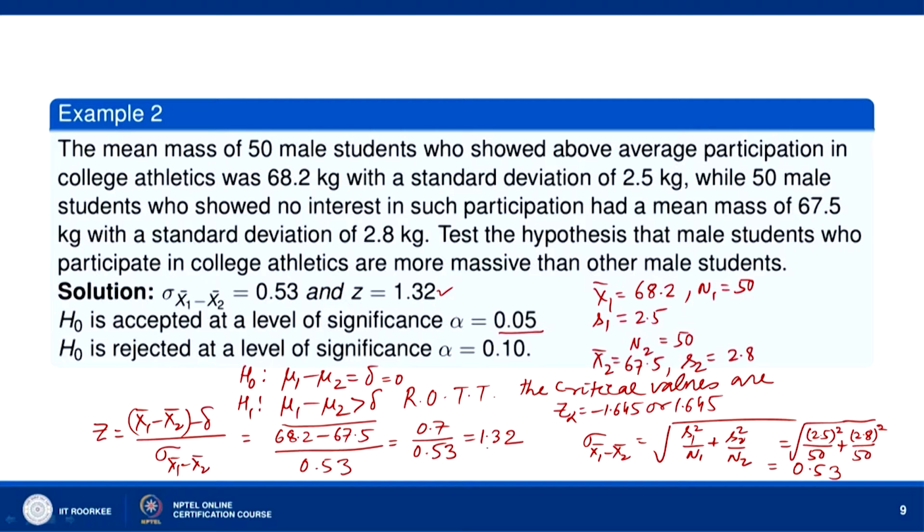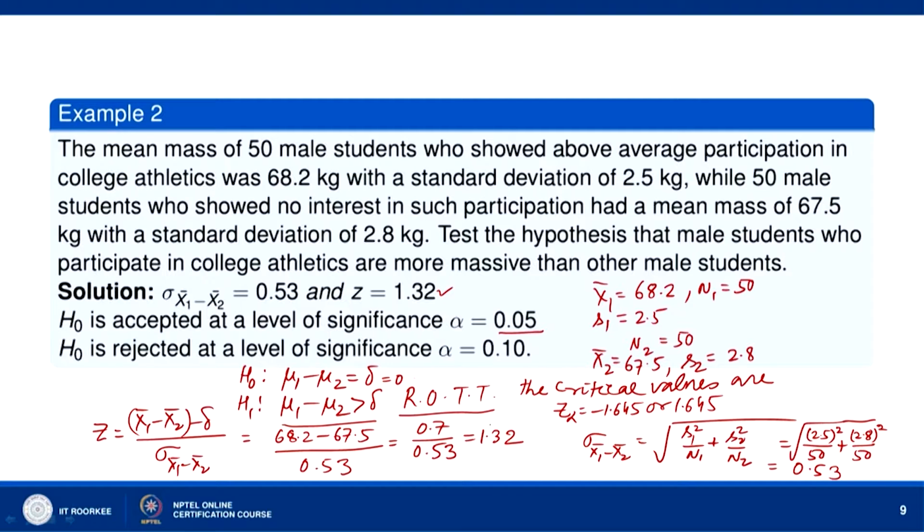Now, we have to apply the right one tail test. If Z is greater than 1.645, then H naught is rejected, otherwise H naught is accepted.